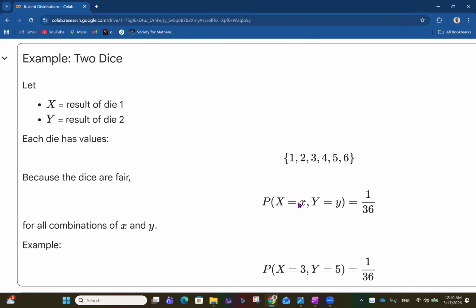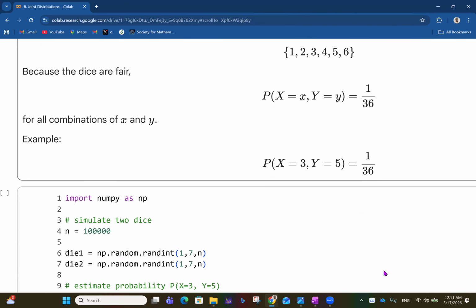The probability that X equals 1 and Y equals 1 together is 1 over 36, and it's 1 over 36 like that for every combination. So the probability that X equals 3 and Y equals 5 is 1 over 36.